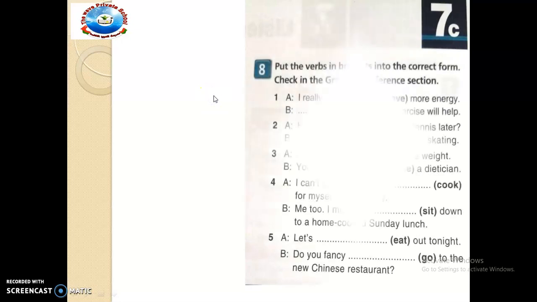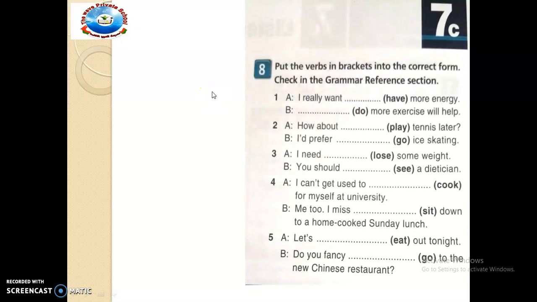Let's now go further to the next exercise, exercise number 8. Here we want to practice the infinitive and ing form. It says put the verbs in brackets into the correct form. Check in the grammar reference section. I really dash more energy. What can we put here? Is it the to infinitive or the ing form? I really want dash more energy. So what do you think?